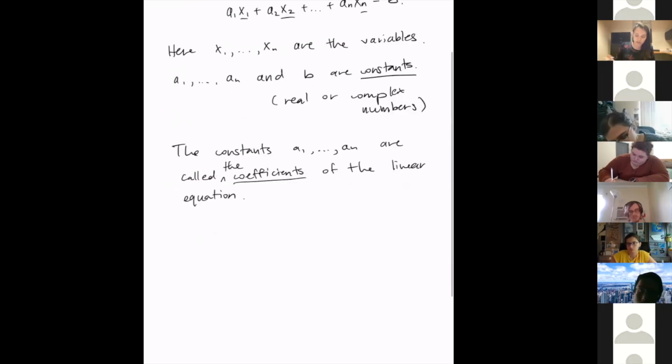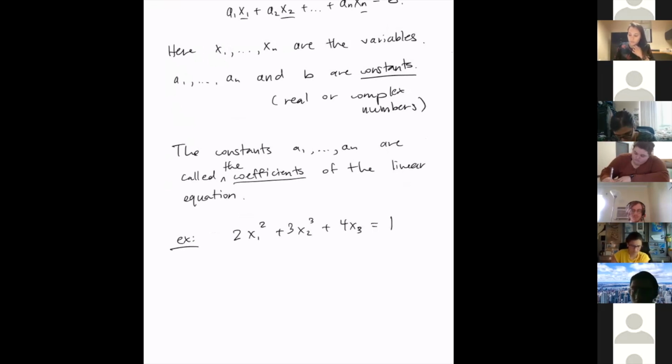Just to make this really clear, we'll look at some examples. For instance, if you had something that looked like this, 3x1 squared, let's say cubed, plus 4x2 cubed equals 1. This is an equation involving some constants and some variables.